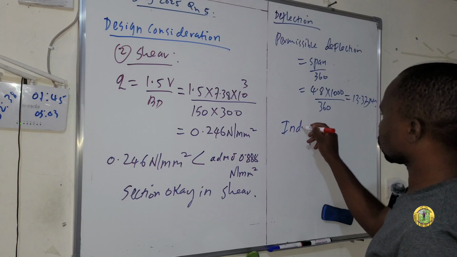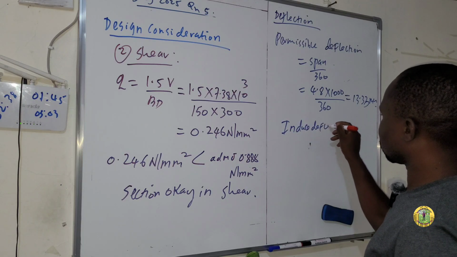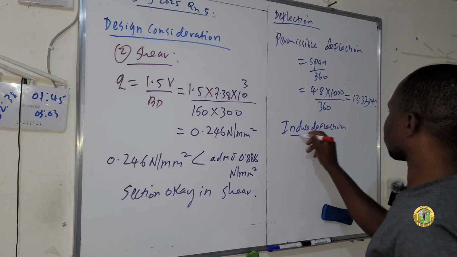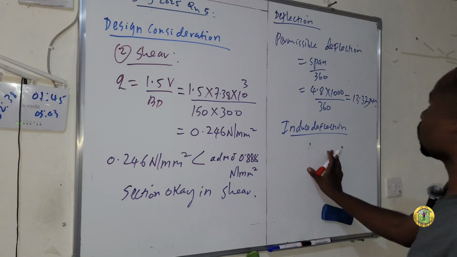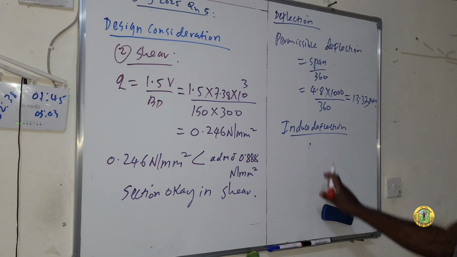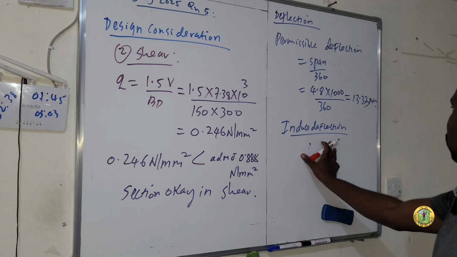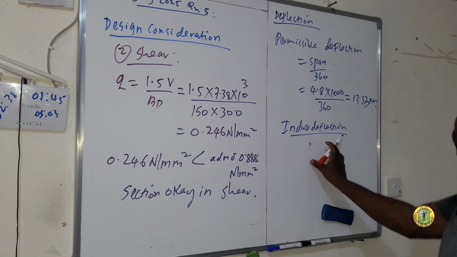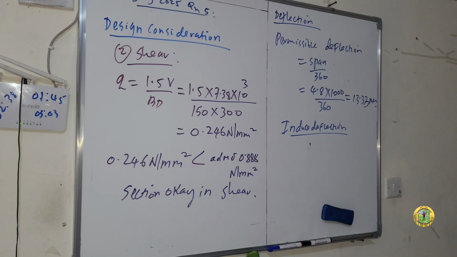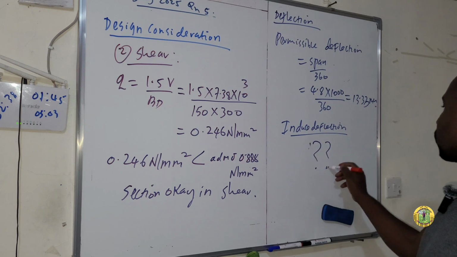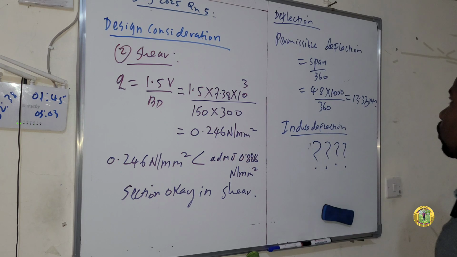Induced deflection: you will do the induced deflection, and then you will compare the permissible deflection with the induced deflection, and conclude whether it will fail or be okay in deflection. So that is for you. I leave it at that point, and that marks the end of the question.